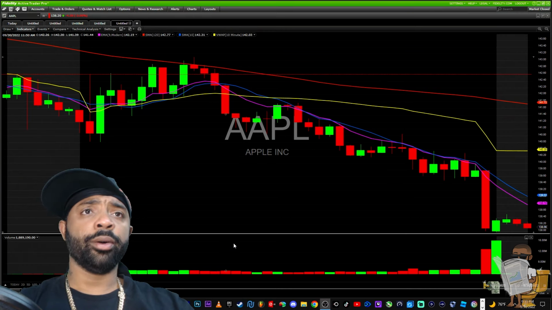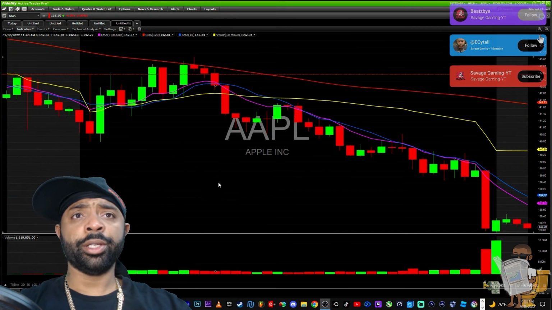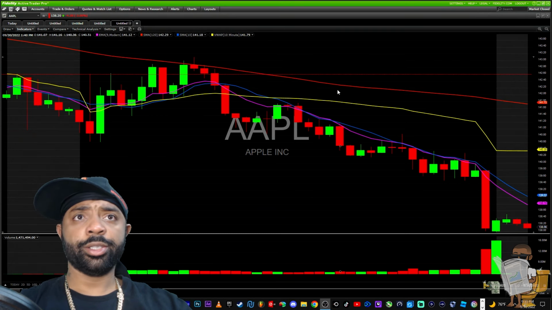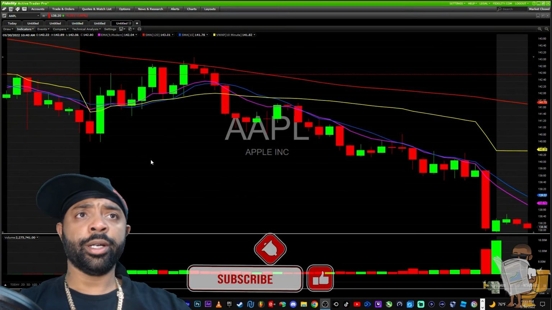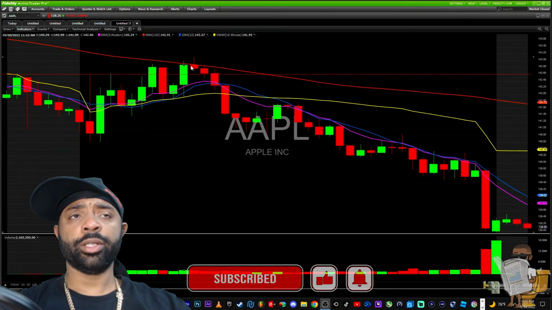You feel me? Now, just to go over some of the other indicators that you see on my chart and why I have them on there. All right, so this red line right here is the 120-day simple moving average, the 120-day SMA, and I use that to tell me if the stock is kind of in an uptrend.